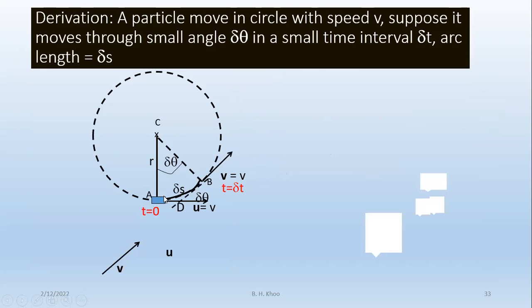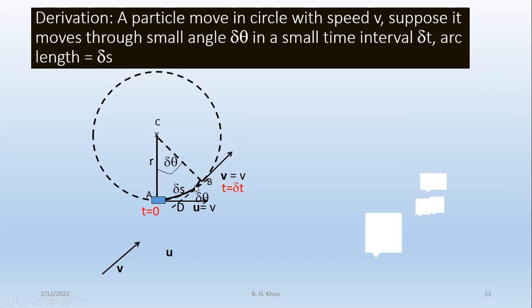Okay, so now we are going to derive the formula. A particle moves in a circle with speed v. That's the initial velocity at time equals 0. Suppose it moves through a small angle, delta theta, in a small time, a short time period. From A to B, in a short period of time, the speed doesn't change, it's still the same.